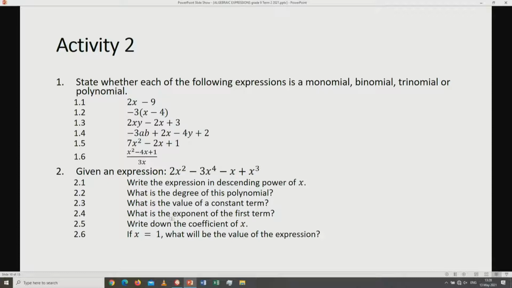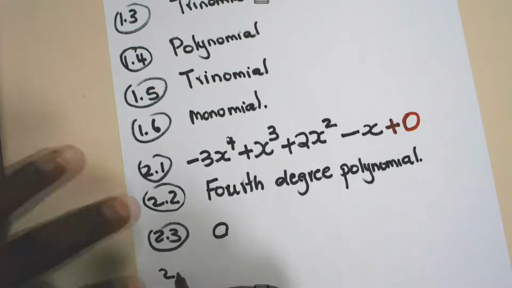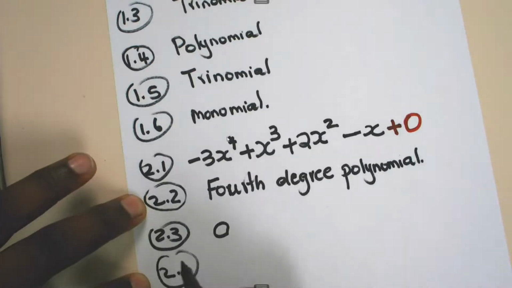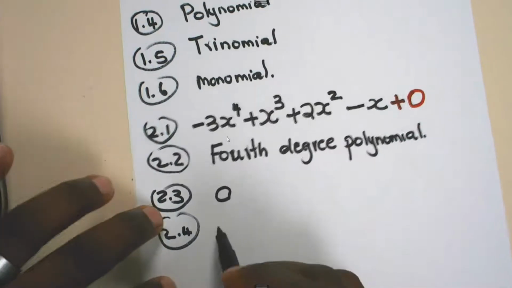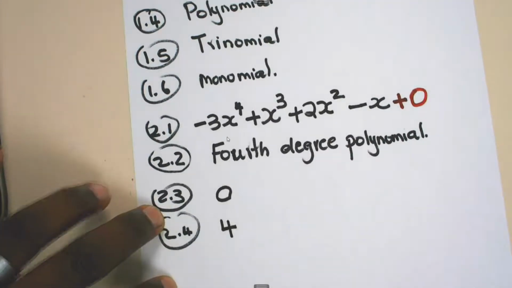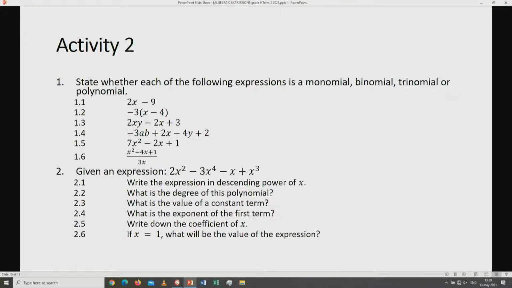So what is the exponent of the first term? The first term in this case is our first term. So when we are looking for the exponent of the first term, we are referring to this. So 4 is going to be the exponent of the first term.